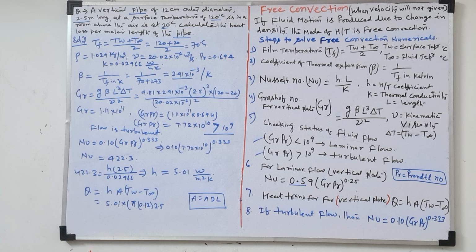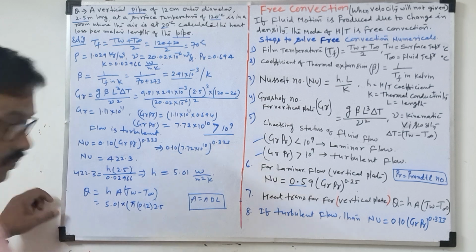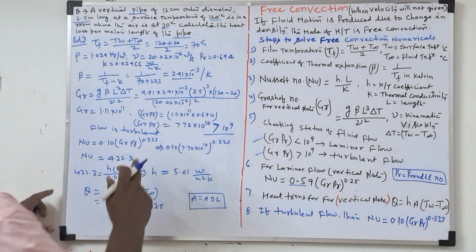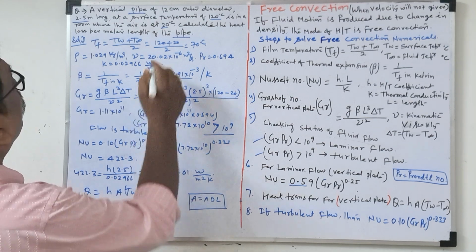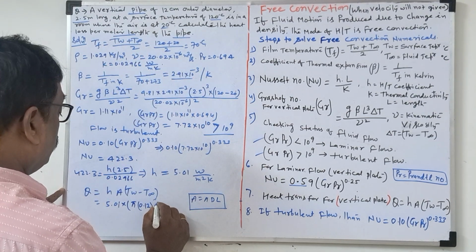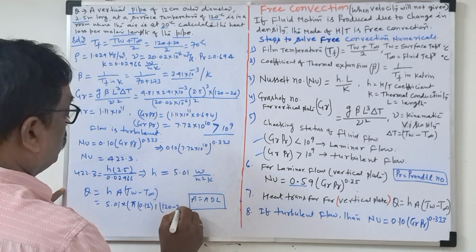Per unit length, 1 meter, they are asking, no? So heat loss per unit length: 1, then 120 minus 20.